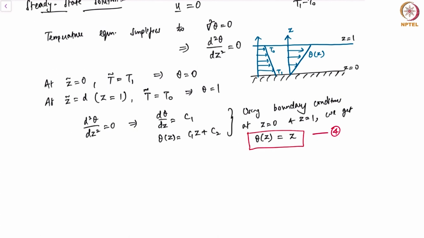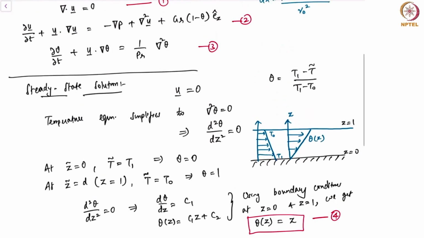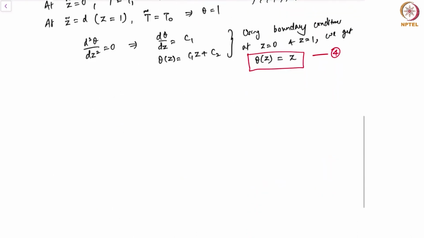If we substitute equation 4 into equation 2, which is the momentum equation, all the terms will cancel out except two terms, the pressure term and the buoyancy term. So from 2 we have the pressure, which I'll call del P bar, will be Gr times (1 minus z) e_z.